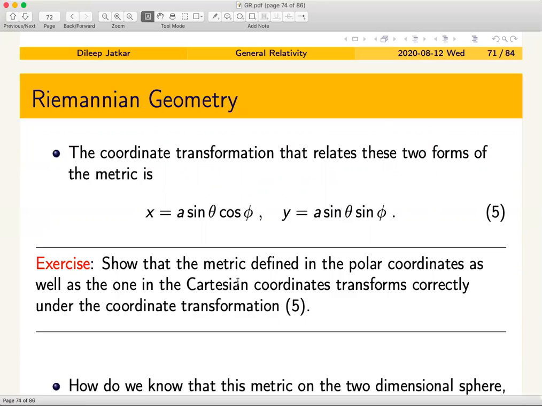Those pieces would be required for you to go from the g theta theta, g phi phi metric to the g xx, g xy and g yy metric. So please check that also.